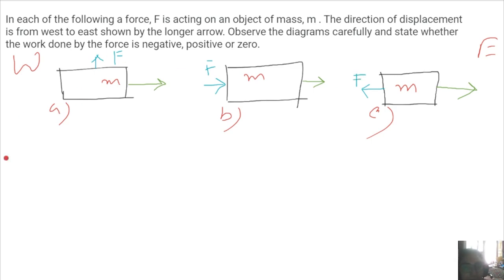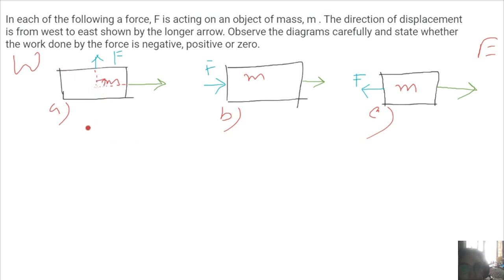In case A, we are seeing that the force is upwards and the displacement is forwards. If we extend them both backwards by an imaginary line, we get an angle of 90 degrees.